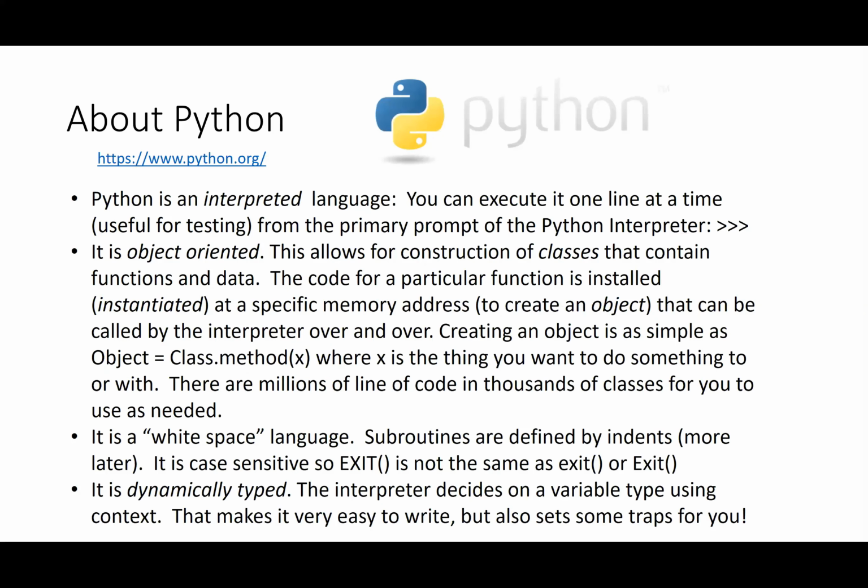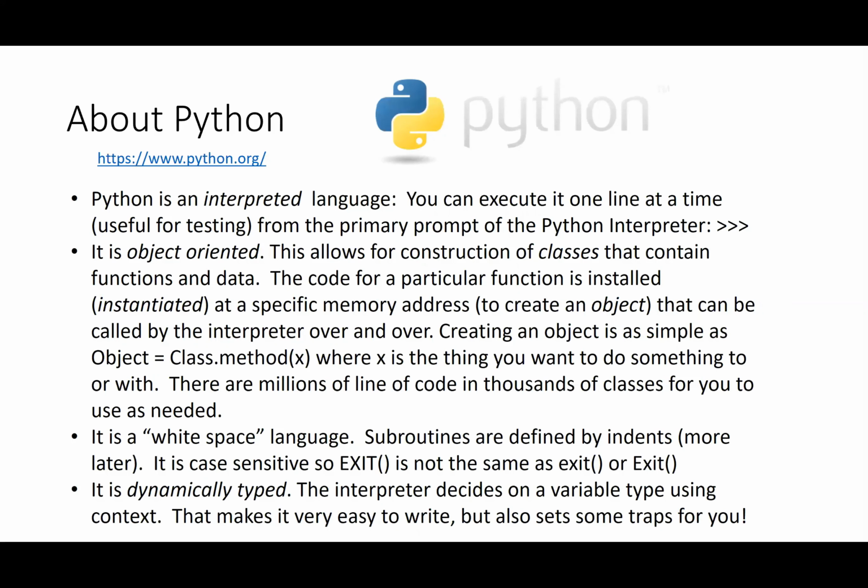These are collections of functions and data organized in a particular way that when you tell the interpreter to import a class, and then from that class cause an instance of a particular method to create an object, which all sounds like a lot of new words, but all that means is that in the class you've got a set of codes, and you extract, for example, one, you call it something, it becomes a block of executable code that the interpreter knows how to get to, and it can be called by the interpreter over and over again.